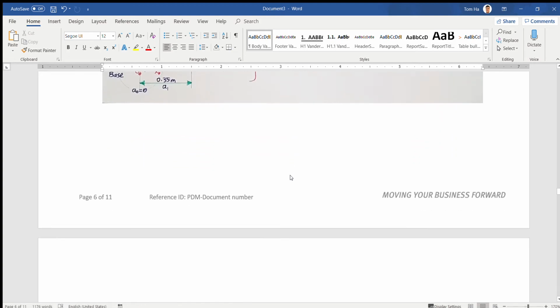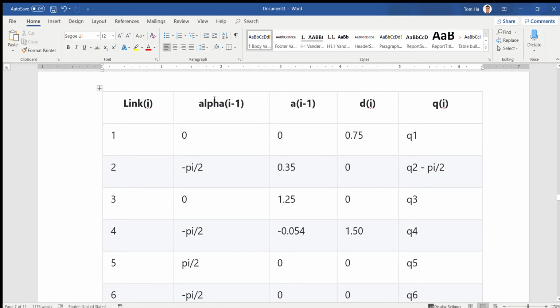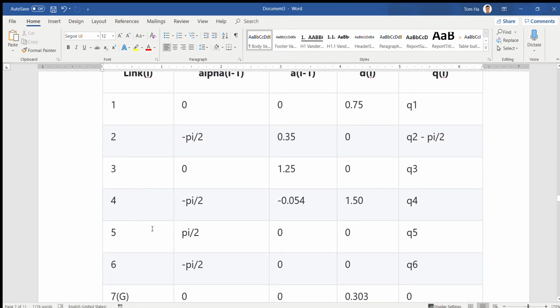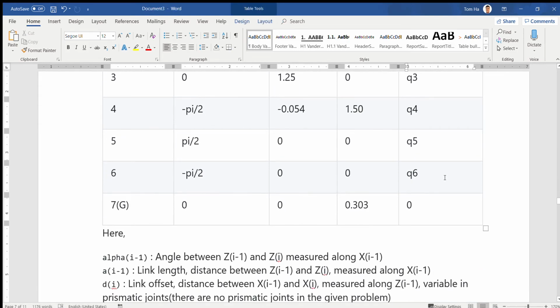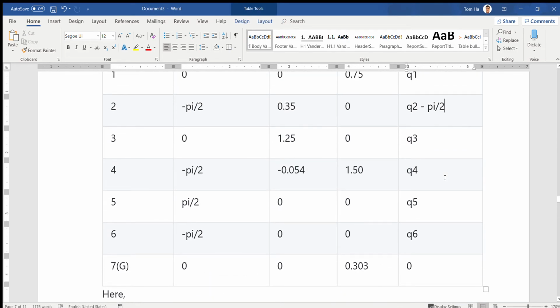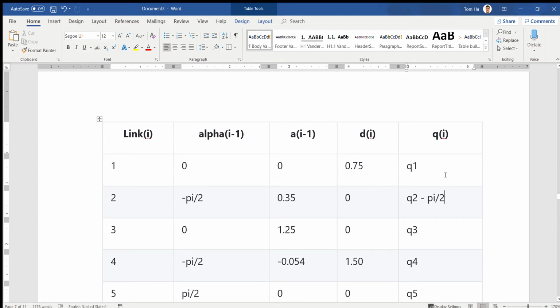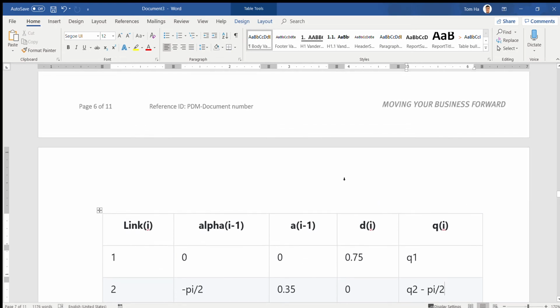And you can fill in the table quickly with link 1, 2, 3, 4, 5, 6 and group per 7. Okay, and you know the alpha, A, D, theta for each link. For example, for link 1 right here, how do we find D1?